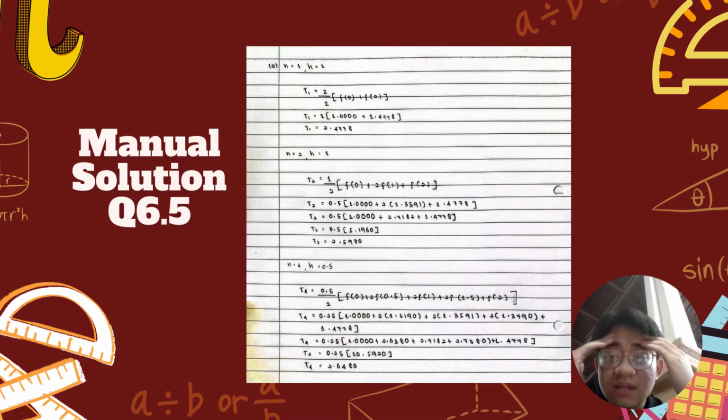Then n equal to 2, h equal to 1. For T1, we got 2.4778. For T2, we got 2.5980. Then we continue to n equal to 4, h equal to 0.5. Thus, we get T4 equal to 2.6480.